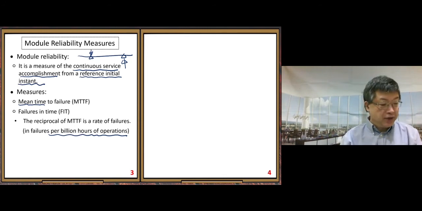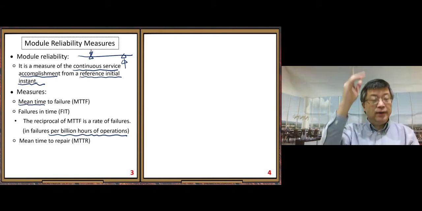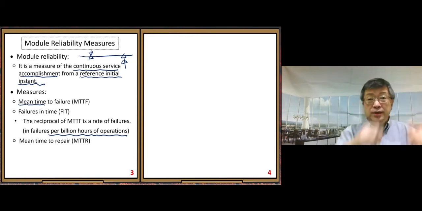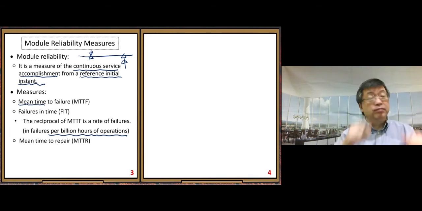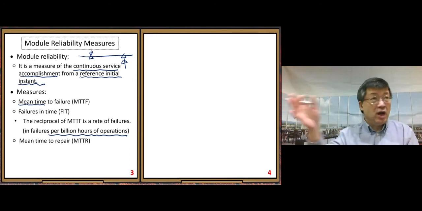All right. So next, mean time to repair. After there is a failure, the service provider needs to repair it, right? When you repair the problem, you need to spend some time.